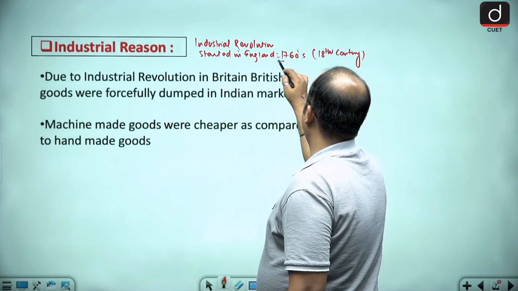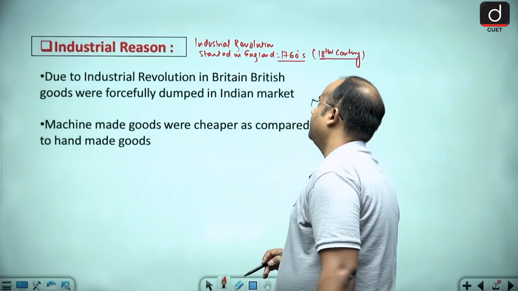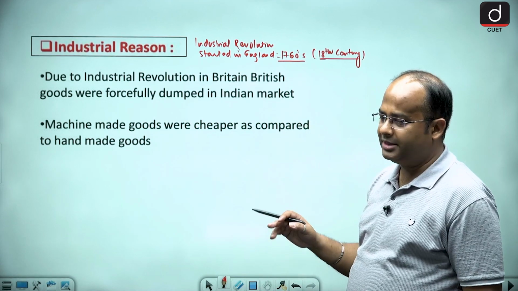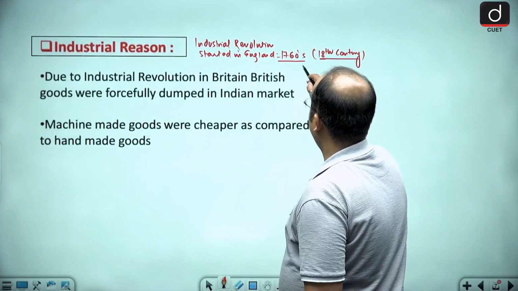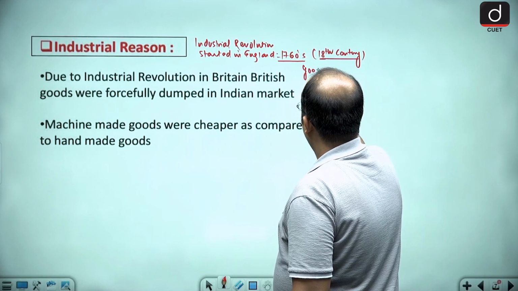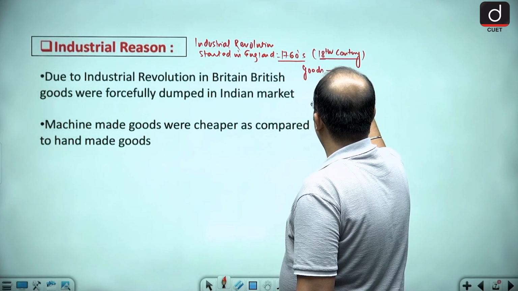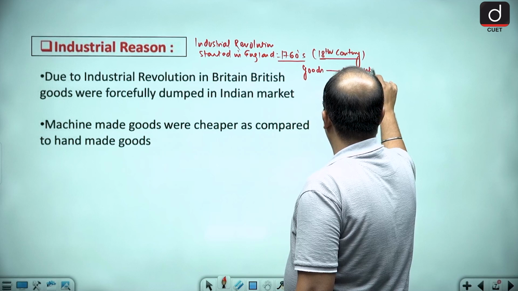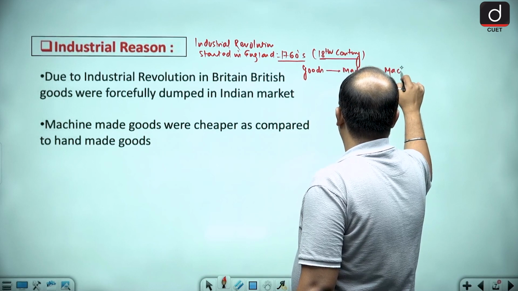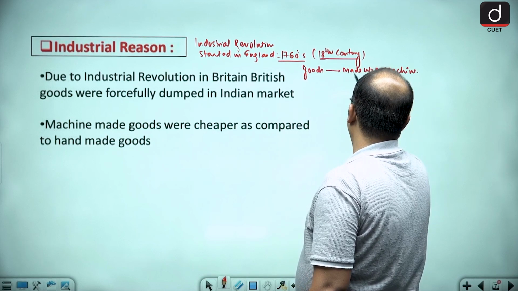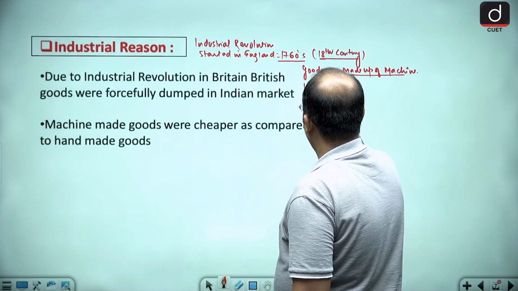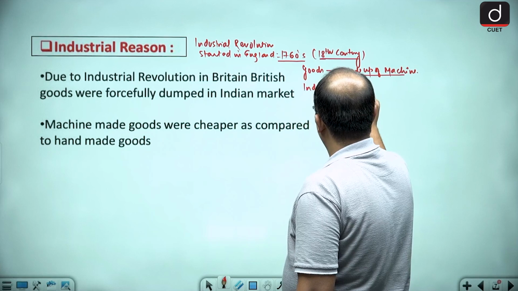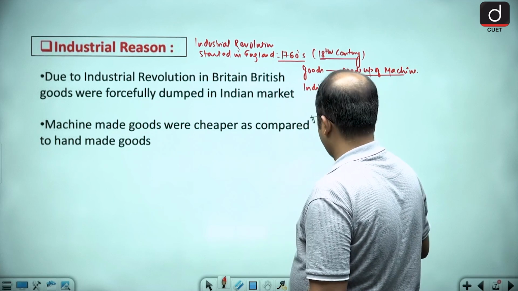When the Industrial Revolution started in England, goods were made by machine. So machine-made goods came into existence, whereas in India we had handmade goods.